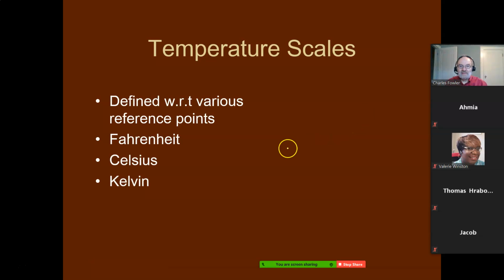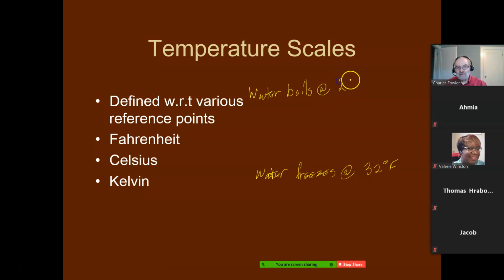Okay? Now, water freezes at 32 degrees Fahrenheit. Water boils at 212 degrees Fahrenheit, or pretty close to it.